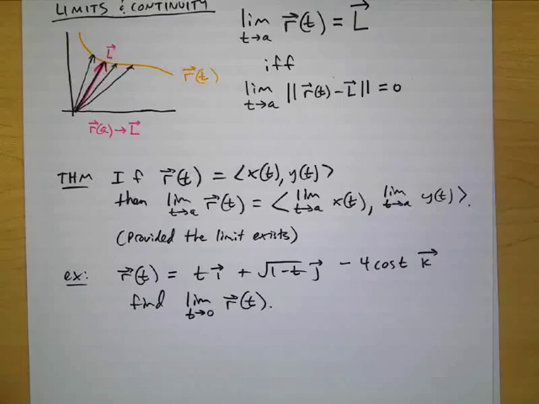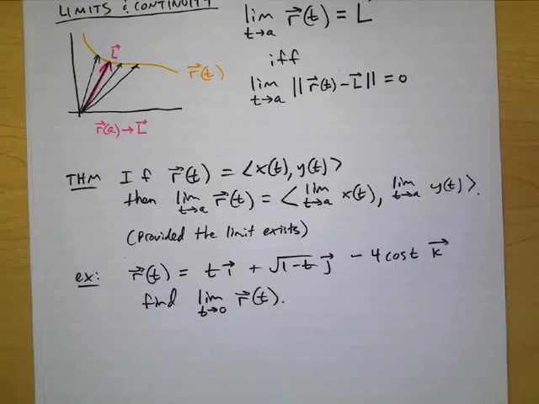What do you suppose you would do? Plug in 0. First, you plug in 0 for t. If there are no issues, that's the limit, right?